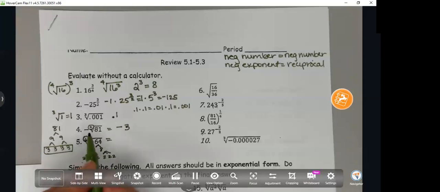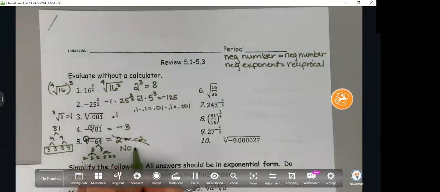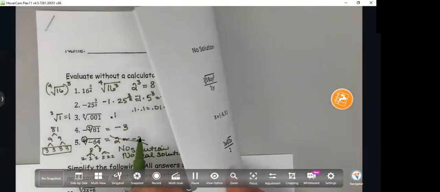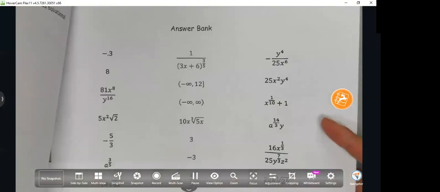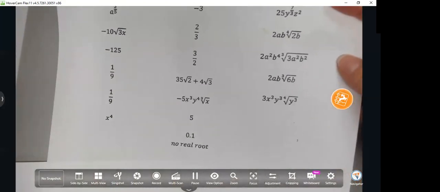So even though there are 6 2's here, and the temptation is to write 2 or negative 2, the answer is actually no solution, because there are no real numbers. No real solution, I guess, should be the answer. All right. And I think that might be on your answer key. No real root at the bottom.